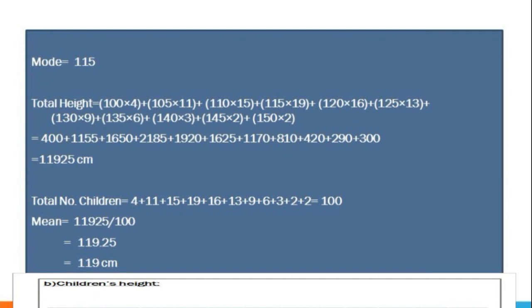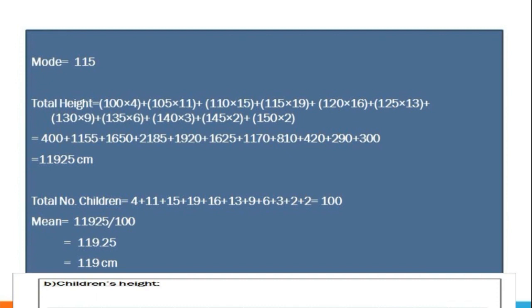Now how to calculate the mean? You will multiply height with the number of children, as 100 multiplied by 4. Then 105 multiplied by 11, and then you add up, just like this, as you can see in the slide. You multiply and add all the numbers, and then you will get 11,925 centimeter.